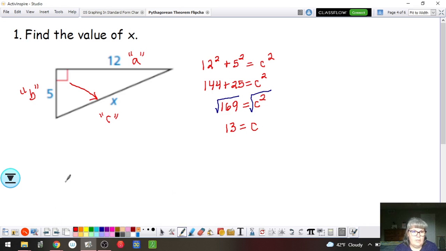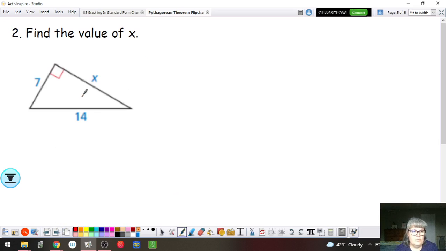Now, Pythagorean theorem isn't only used when we need to find C. We can also use it when we need to find A or B. So 14 is the hypotenuse, that's C. So in this case we have 7 squared plus x squared equals 14 squared.